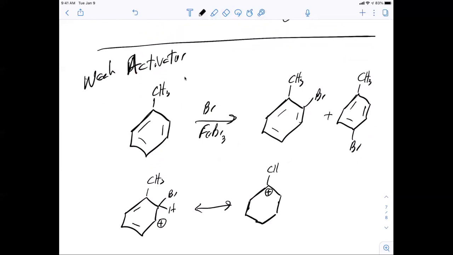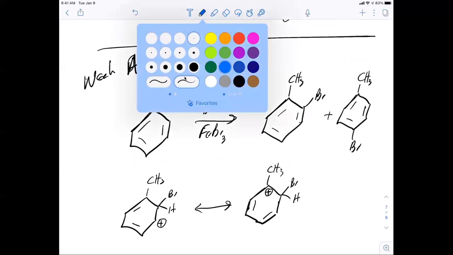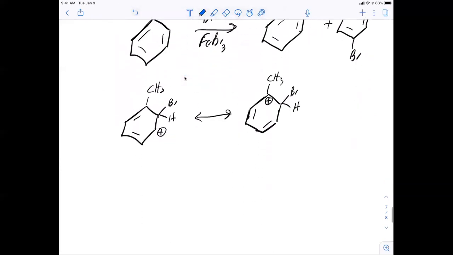I'm just going to show this one. And if we look at this one, how is this working?